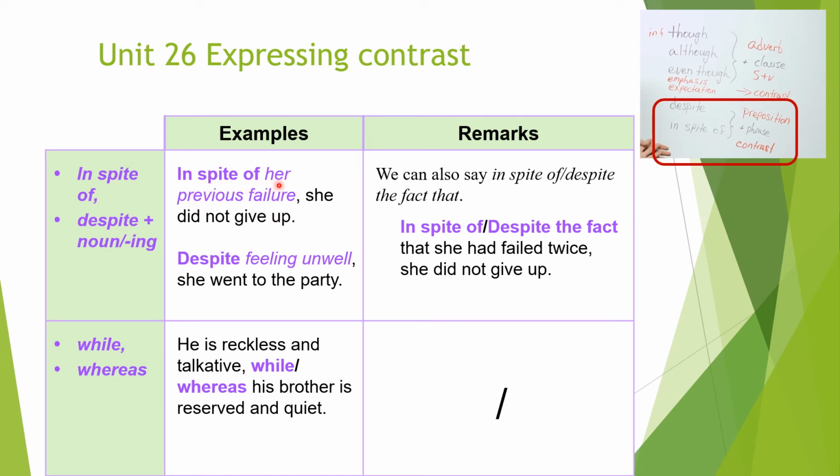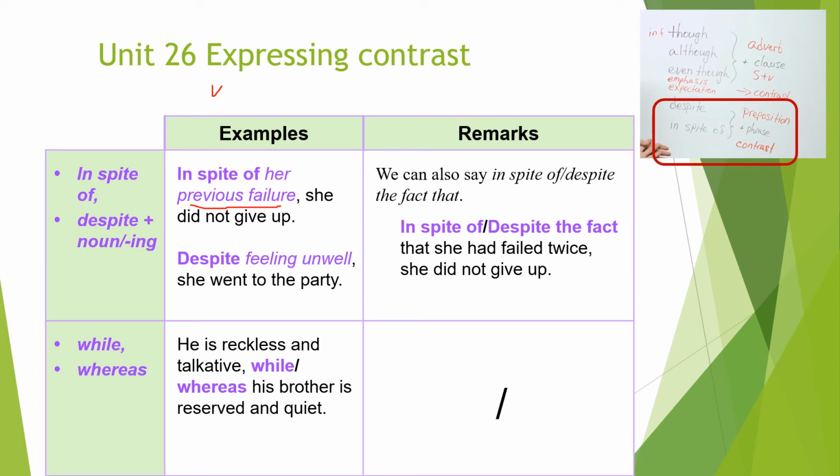For example, in spite of her previous failure. This is the noun. Can I type words? I don't seem to be able to type. This is her previous failure. No, I can't type here.